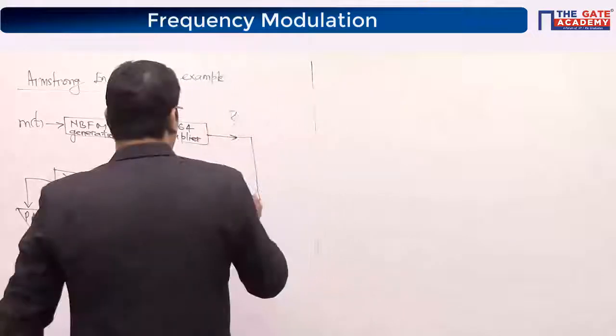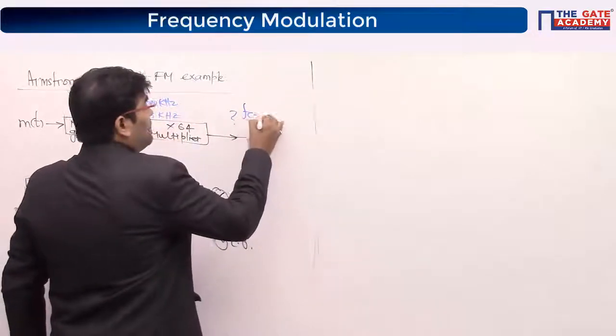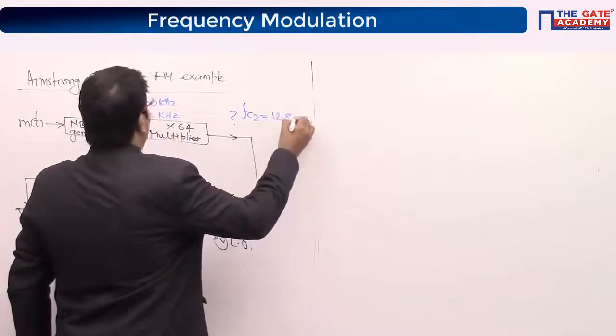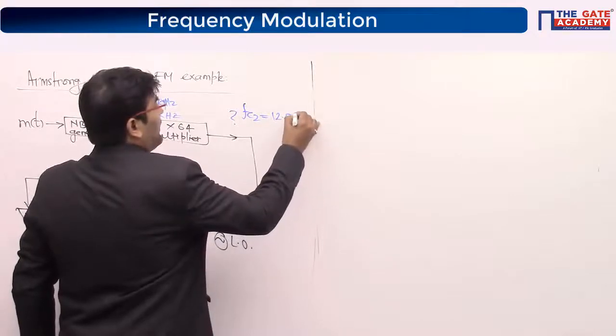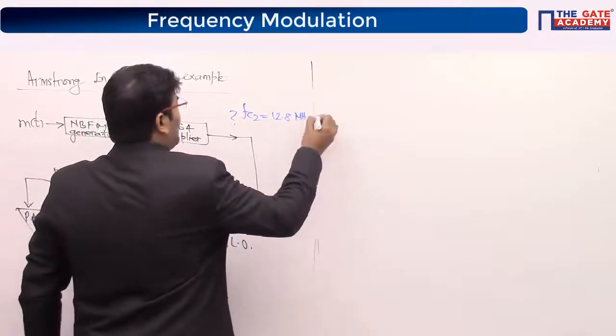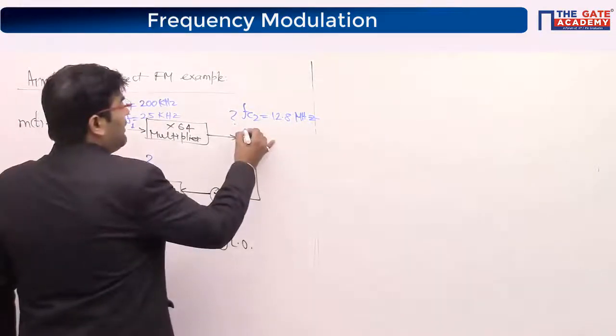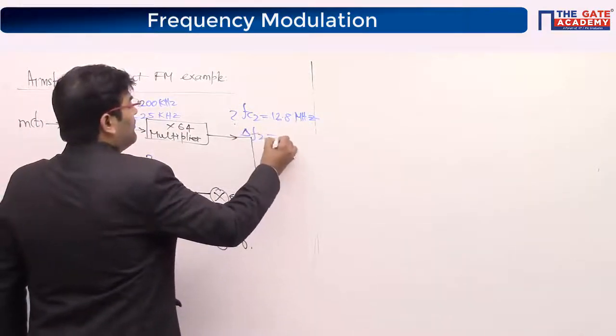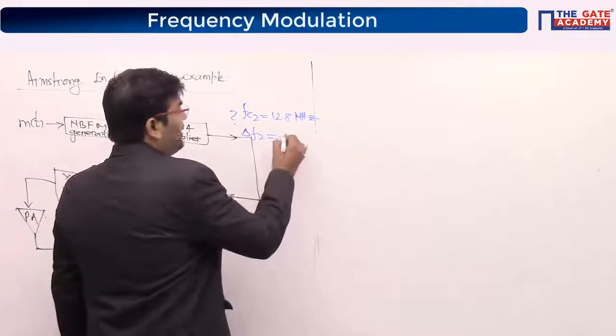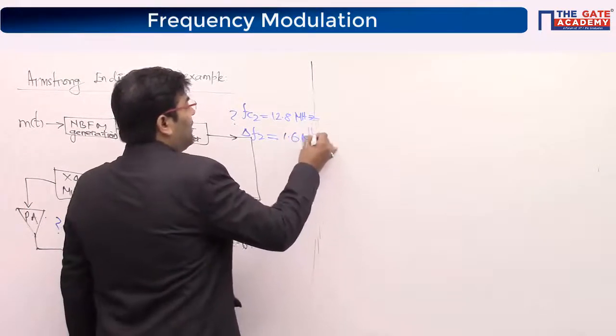So what is FC2? 12.8 megahertz or kilohertz? I guess it is kilohertz or megahertz. What will happen to delta F2? It is 1.6 megahertz.